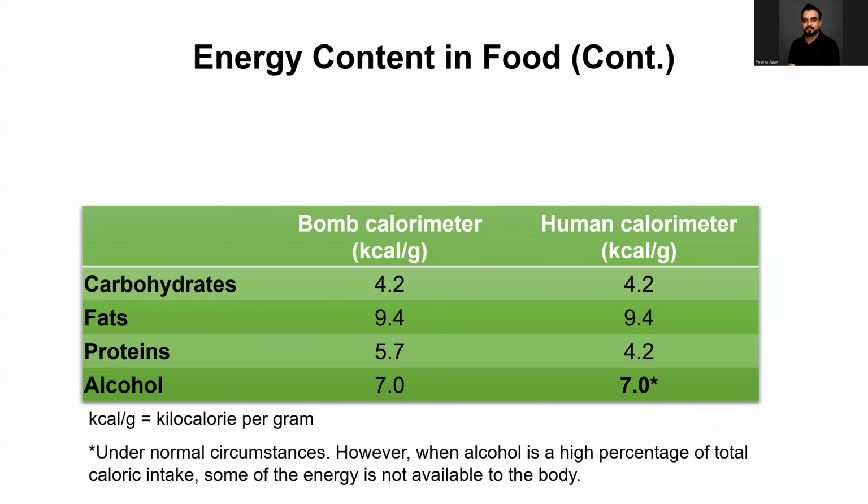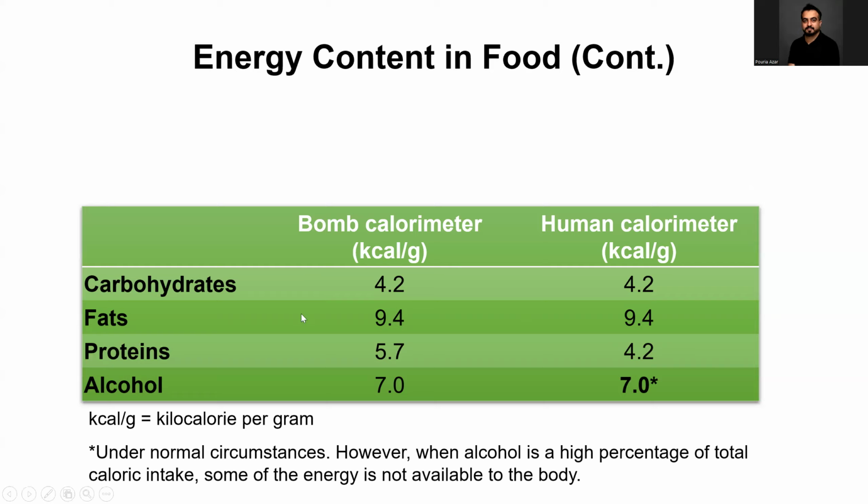Here in this table, we have the bomb calorimeter, and the unit is kilocalorie per gram of these macronutrients and alcohol. And we have the human calorimeter. As you can see here, from burning 1 gram of carbohydrates, we get 4.2 kilocalorie, which is the same in humans.